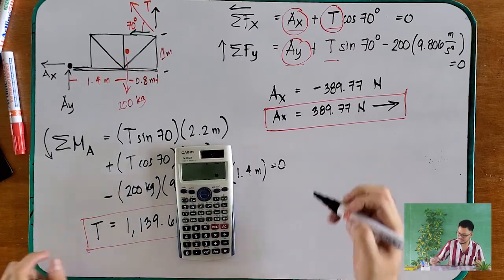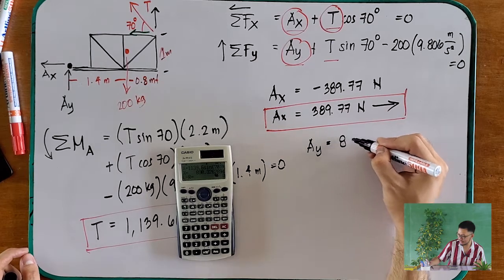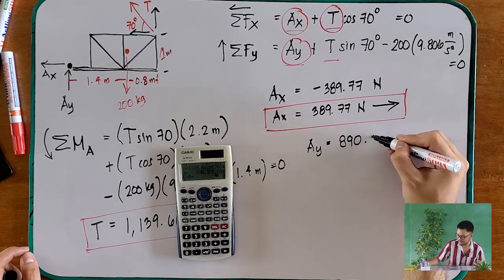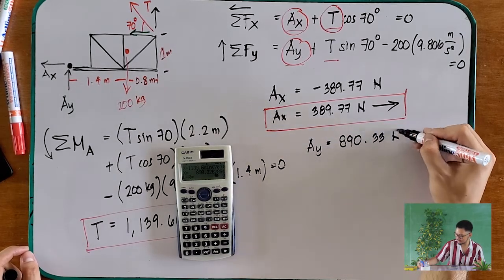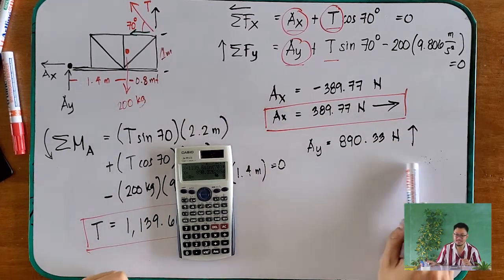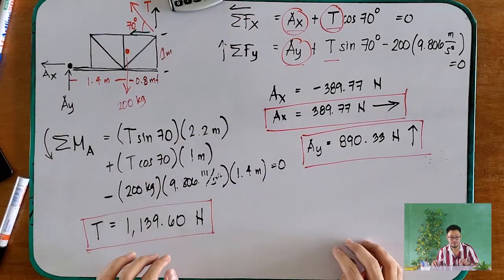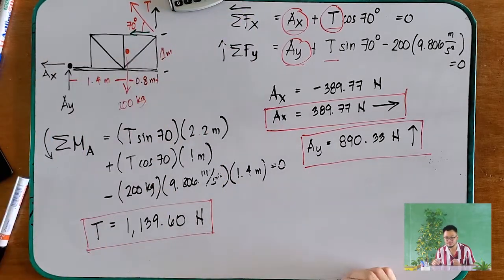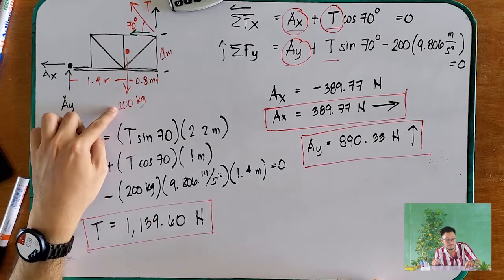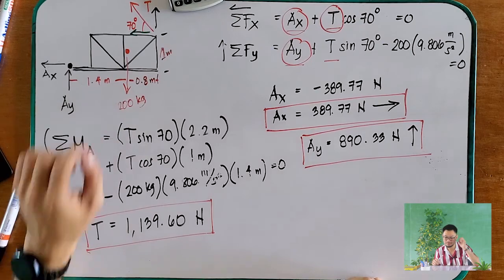Then, your answer for your AY is equal to 890.33 newtons. And our assumption was correct, so this is going up. So, now we have already solved for the three unknowns, 1, 2, and 3, by having only one known value. Right? Easy.